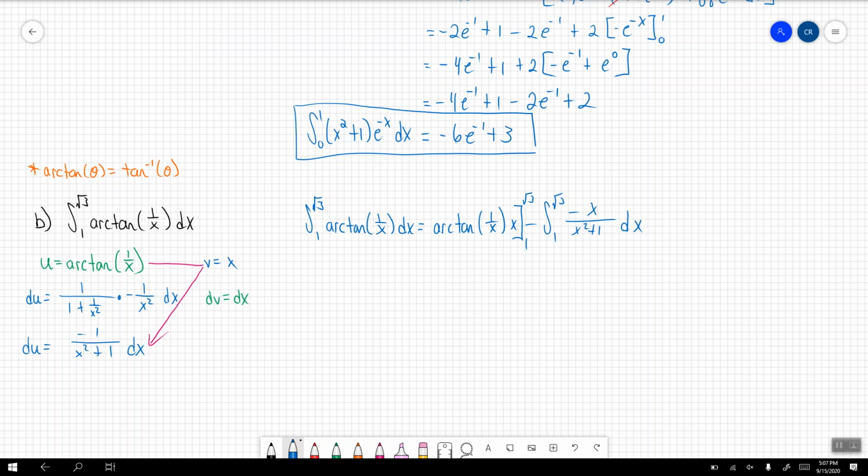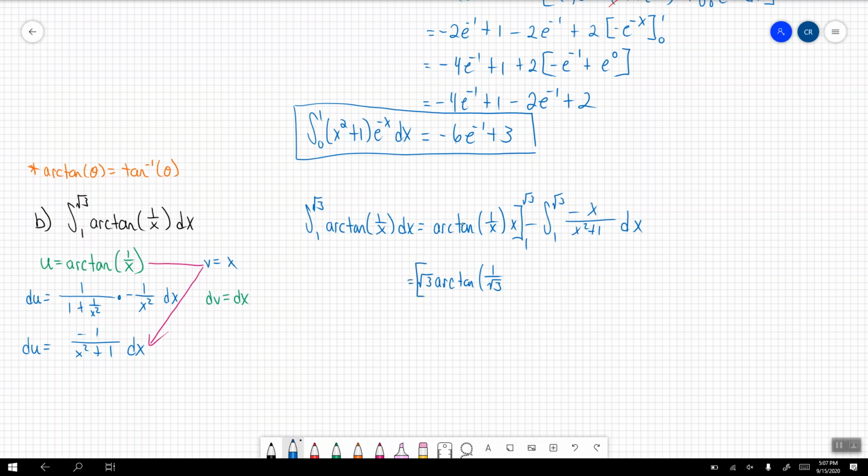Let's keep going. Let's evaluate this first term. So evaluating the first term, we're going to get arctangent of 1 over square root of 3 multiplied by x. So let's actually multiply the x out in the front, is what I prefer here. There we go.